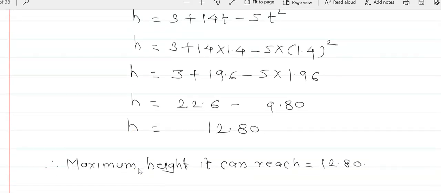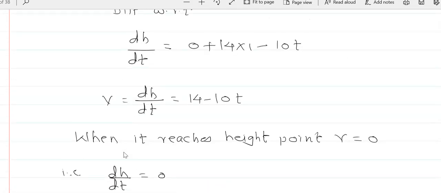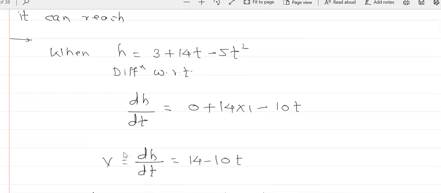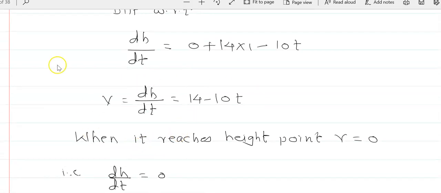That is the maximum height it can reach, 12.80. The unit is not given in the question. And if we find the second derivative, d²h/dt² is -10, which is the condition for the maximum.